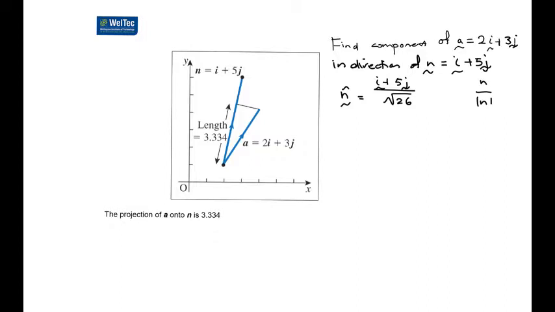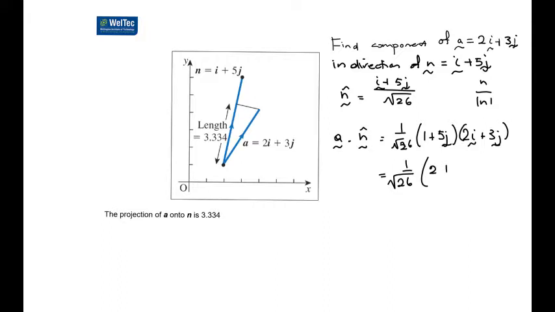So now we've got that the dot product is going to be 1 over root 26 times i plus 5j times 2i plus 3j, which is equal to 1 over root 26 times 2 plus 15, because you remember all the bits and things about i dot i and i dot j, etc., etc.